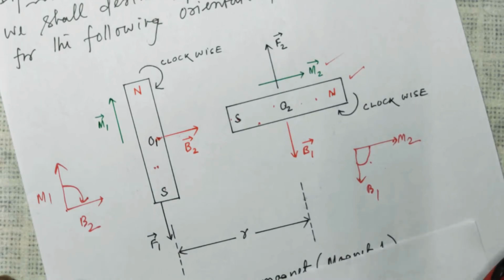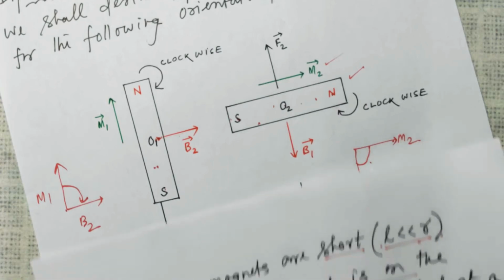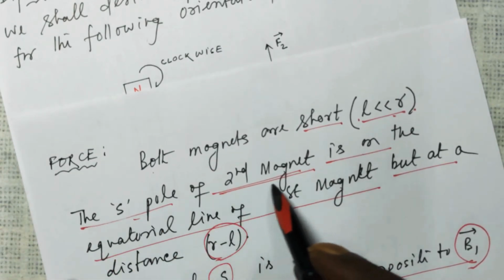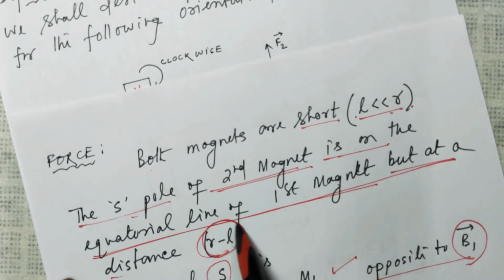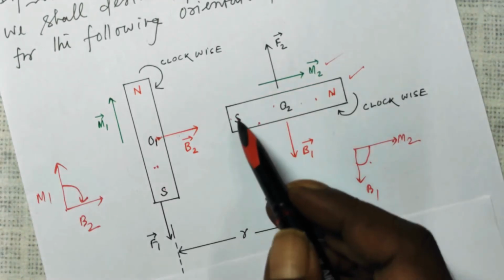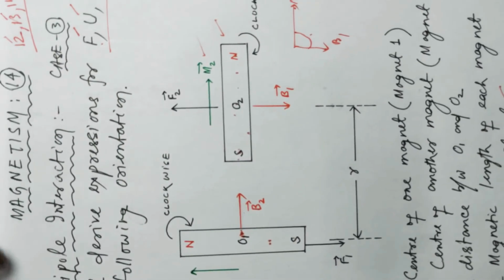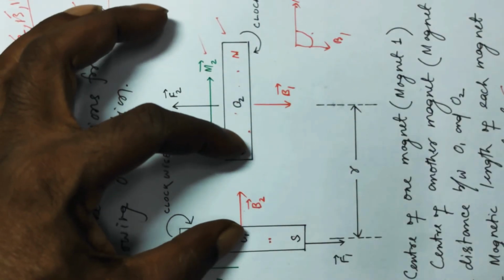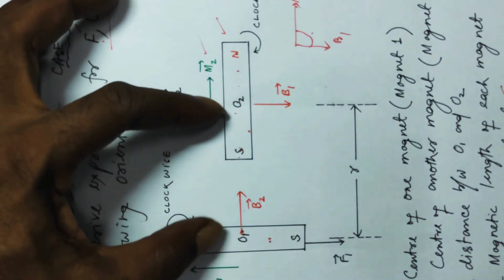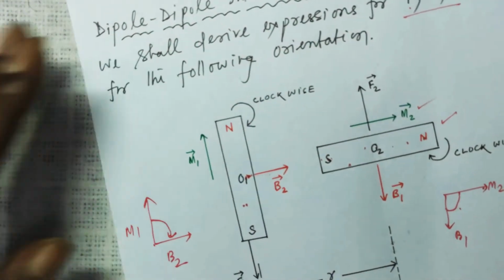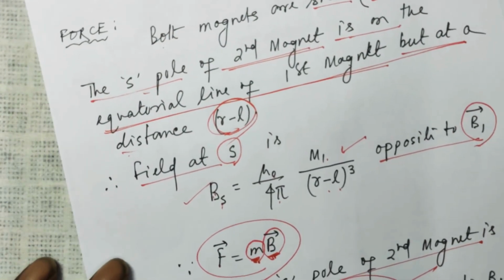And this will be equal to R minus L. The south pole of the second magnet is on the equatorial line of the first magnet, but at what distance? This distance is R minus L.